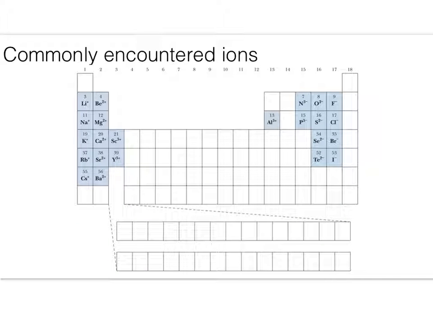Okay, so there are some pretty commonly encountered ions. When you're generating different ionic molecules from these ionized elements, you can simply look at where an element is in the periodic table and figure out what the charge should be. If you're an alkali metal, then you need to lose 1 electron, so all of these are typically positive 1.